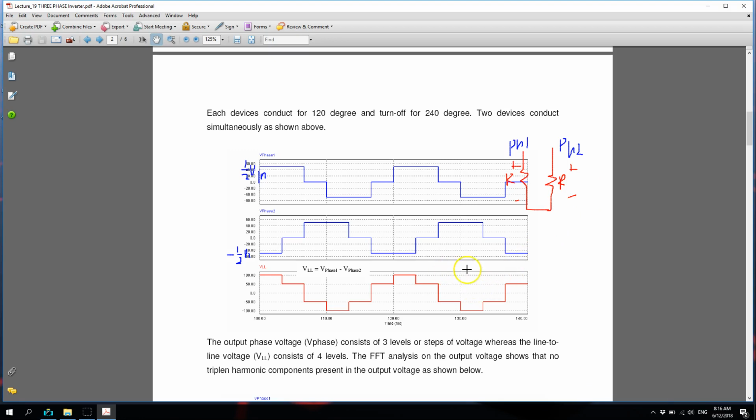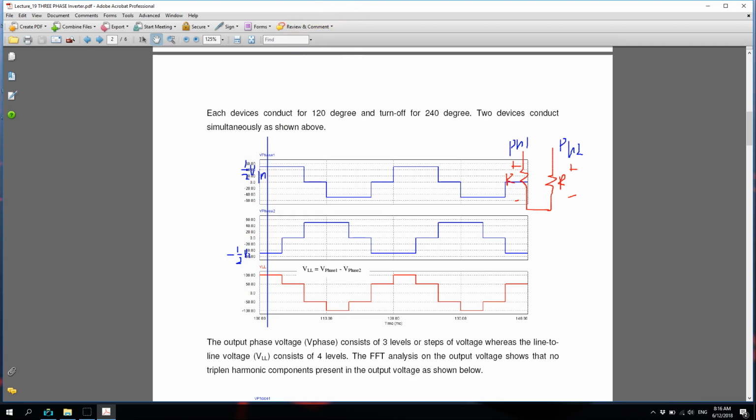Okay, so finally this is the phase voltage. When you look at the line to line voltage, of course it is the difference between phase 1 and phase 2. So for this particular instance that we have just discussed, the line to line voltage will be V phase 1 minus V phase 2, which is V in over 2 minus negative V in over 2, that's why you have that 100 volt, or the V in.